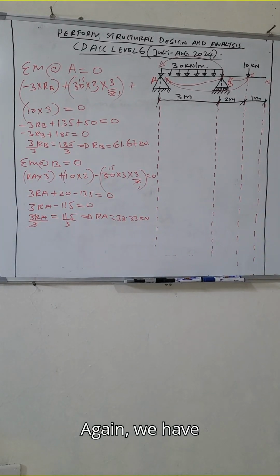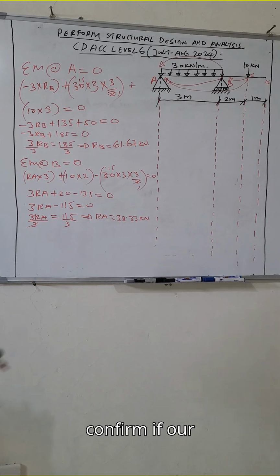Again, we have the three equations of equilibrium: number 1 is summation of moments about a point equals 0, number 2, summation of vertical forces should give you 0, and the summation of horizontal forces should give you 0.